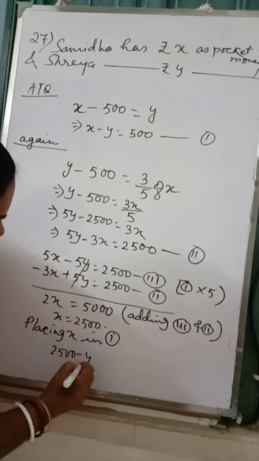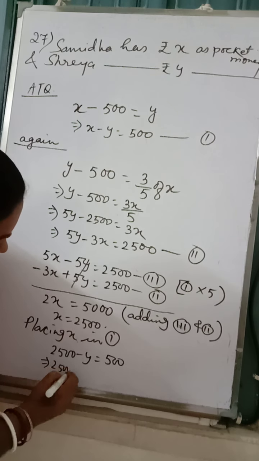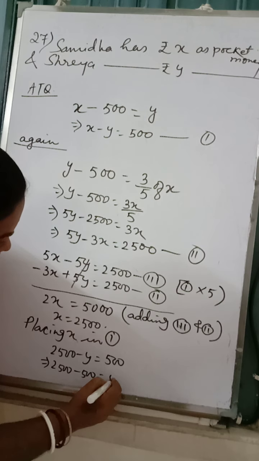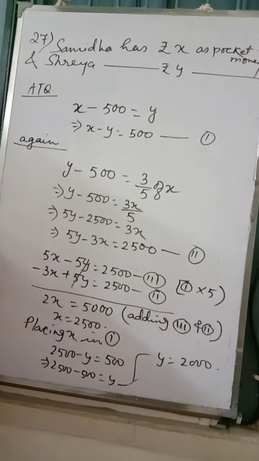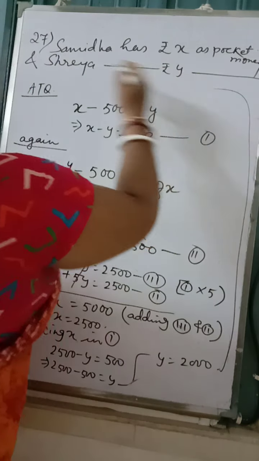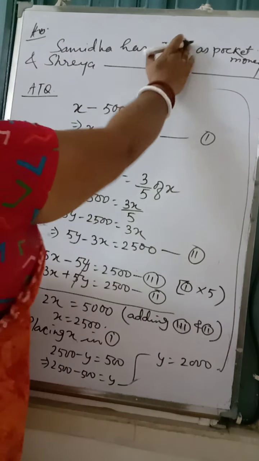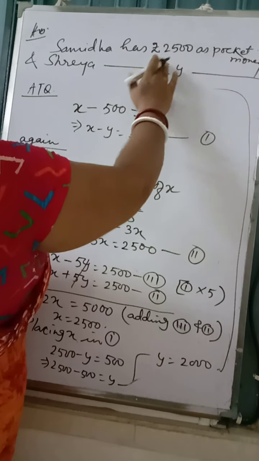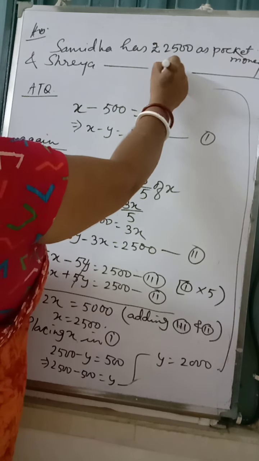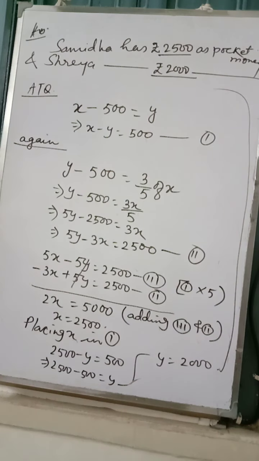2500 minus Y is equal to 500, or 2500 minus 500 is equal to Y, or Y is equal to 2000. So the answer is: Samita has rupees 2500 and Shreya has rupees 2000 as pocket money.